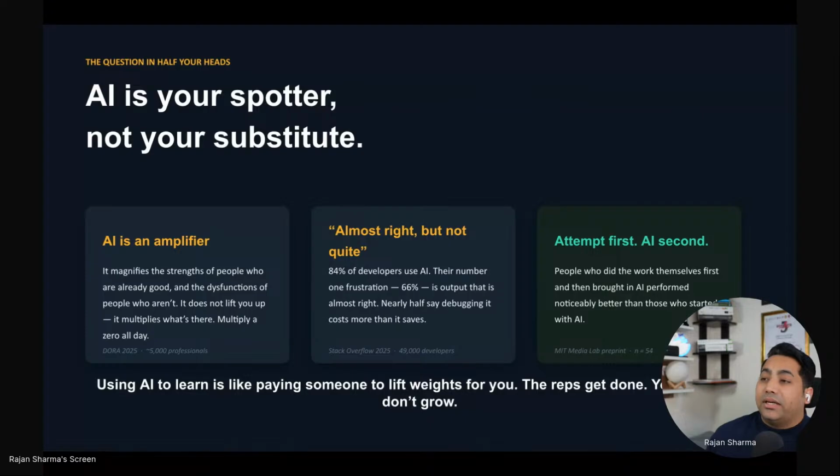But the interesting bit is the crossover. People who did the work themselves first and then brought in the AI performed better than the people who started directly with the AI. So here's the rule I give you: attempt first yourself, and second, go with the AI.